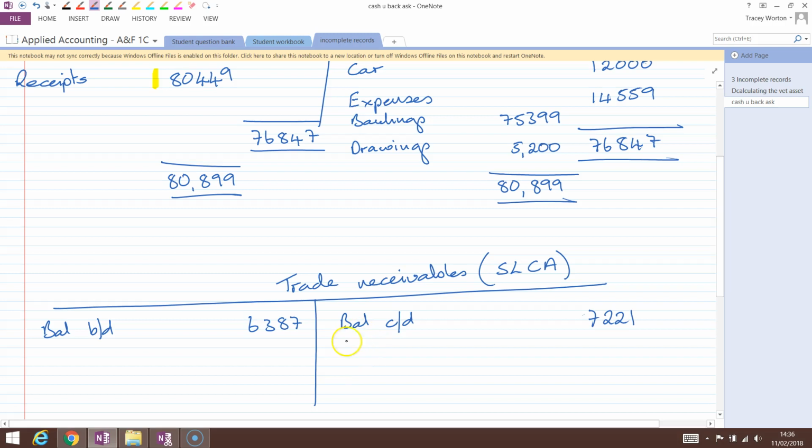So our receipts from customers, so receipts which has gone through the cash account of 80,449. Remember that earlier on Andrea told us that she'd got a contra entry, so this will reduce this amount owing from our customers. So we have a contra of 400.